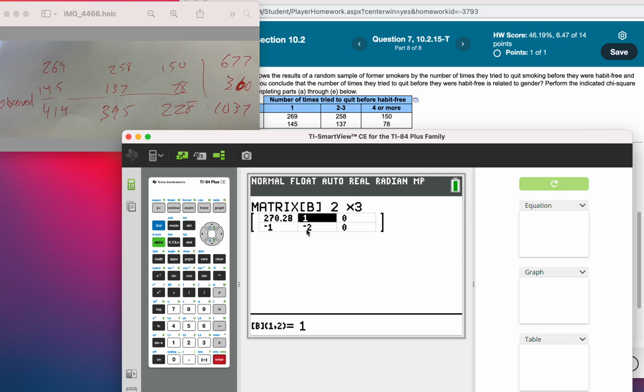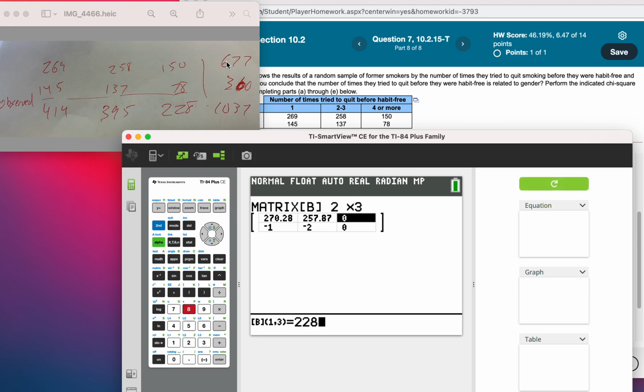Hit enter. Now to get this spot, this total times this total divided by this total. So 395 times 677 divided by 1037. Hit enter. That's that spot. And now I want this one here. So 228 times 677 divided by 1037. Hit enter.